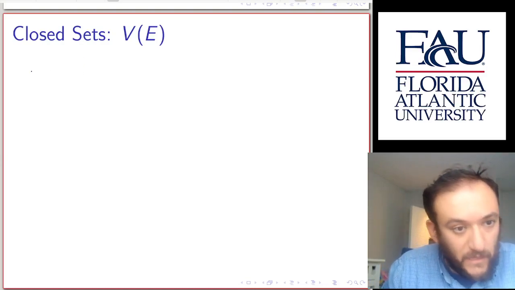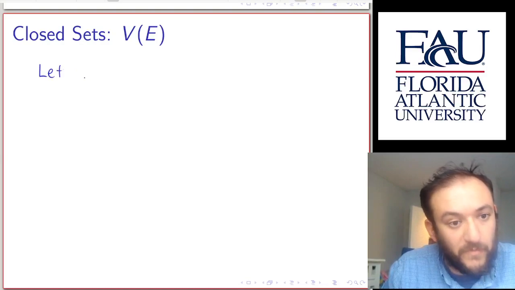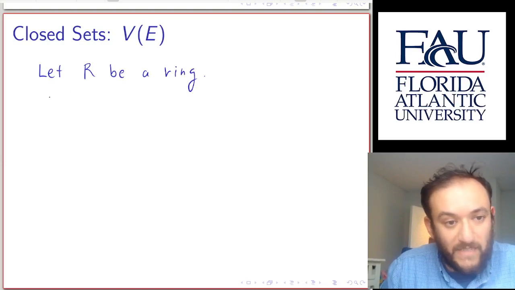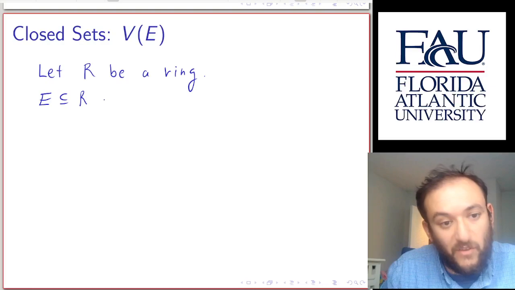We're going to take a ring R, and let E be some subset of R, not necessarily an ideal, just a subset.